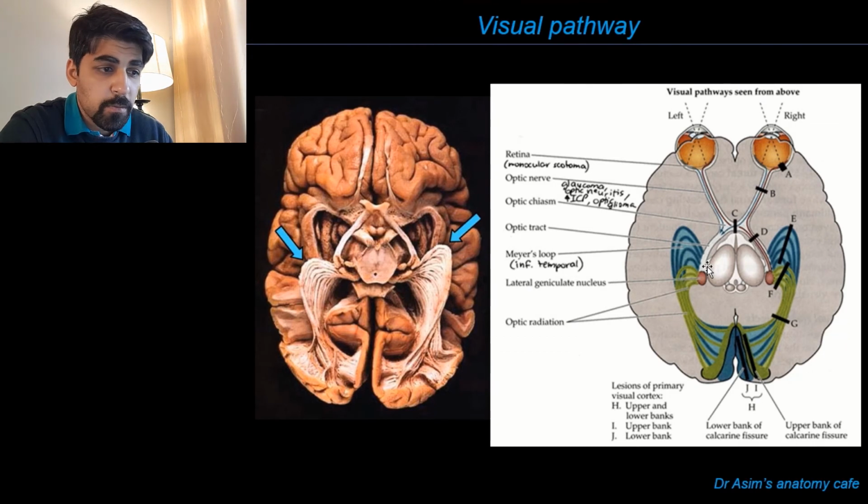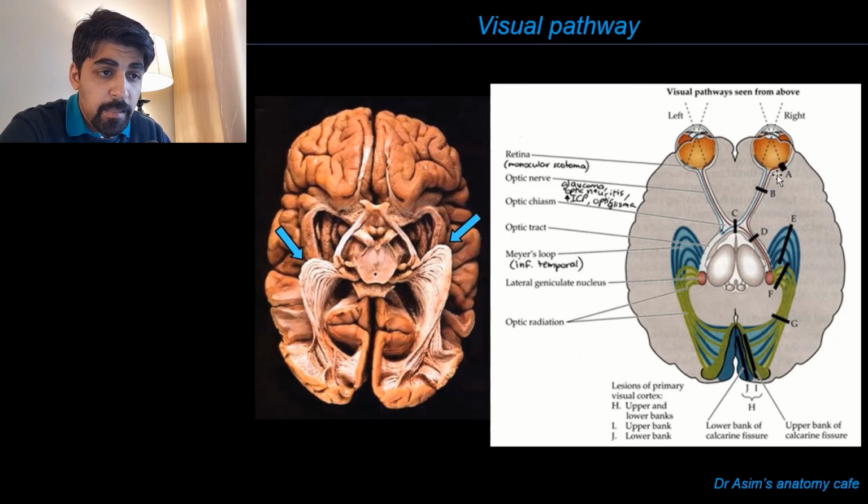Now, we also know that the visual field flips over when it gets projected onto the retina. That is, the right visual field projects onto the left retinal halves, and the left visual field projects onto the right retinal halves. Therefore, if we take up the right optic tract, for example, we will see that it receives the nasal retinal fibers from the contralateral side and the temporal retinal fibers from the ipsilateral retina.